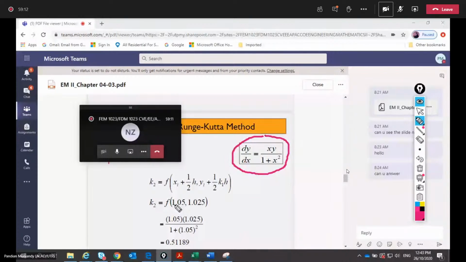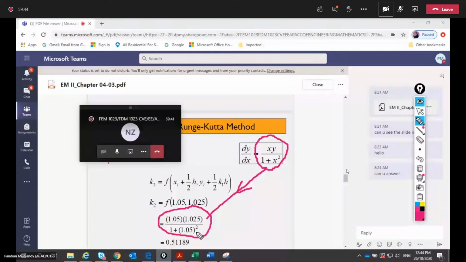This equation you have to put inside here. X is 1.05. The calculation goes like this. X is 1.05, from where? From this equation. So you take this equation, put it here. 1.05 times y, 1.025, divided by 1 plus x, 1.05 squared.